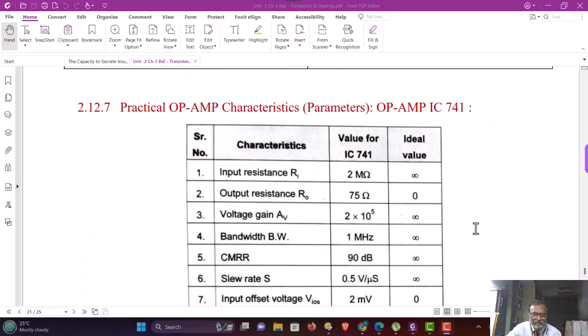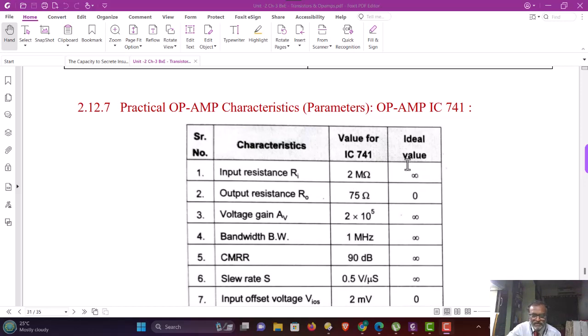The practical op-amp characteristics, also called op-amp parameters. A typical op-amp IC741, which is very commonly used in commercial circuits, is taken for consideration. The input resistance Ri for IC741 is 2 mega ohm.